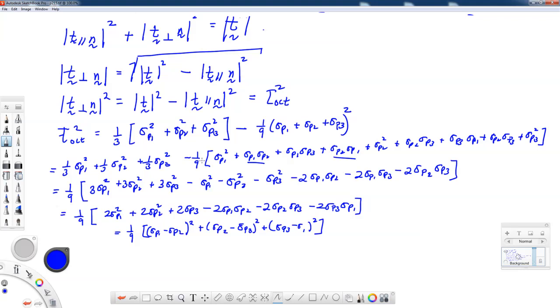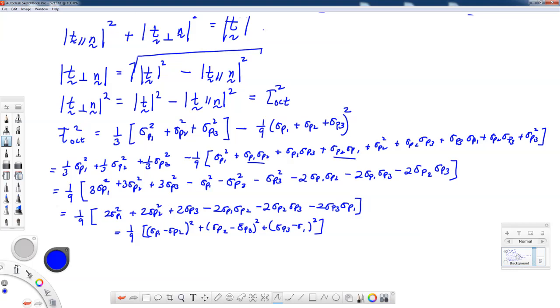I factored out a 1/9 from all the terms. So here I have a 3 sigma p1 squared, a 3 sigma p2 squared, a 3 sigma p3 squared, minus a sigma p1 squared, a sigma p2 squared, and a sigma p3 squared, and then minus 2 of these cross terms, each pair like that. I've reduced the 3 sigma p1 squared and the minus sigma p1 squared down to 2 sigma p1 squared, and likewise for these others. I have the 1/9 out front.